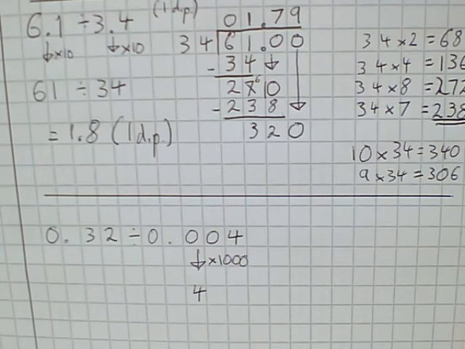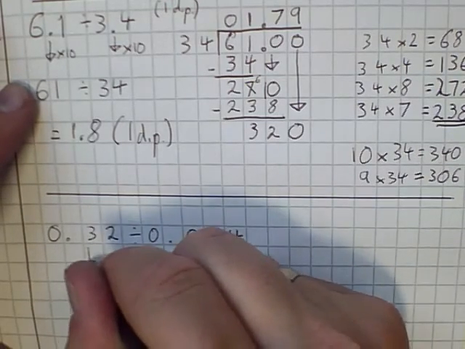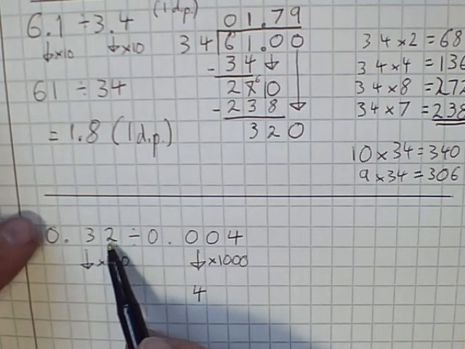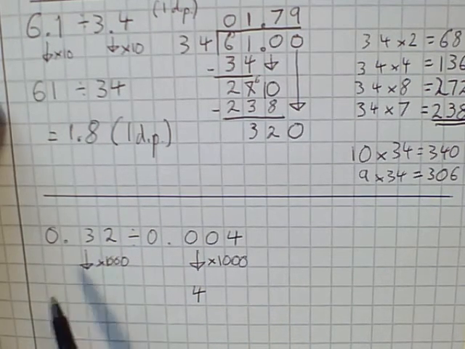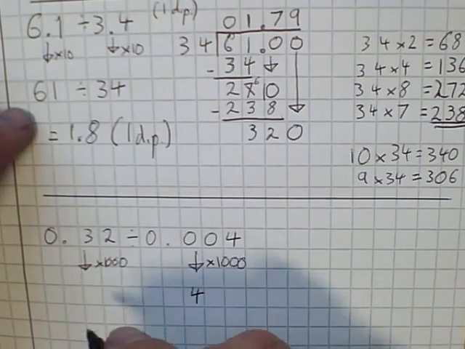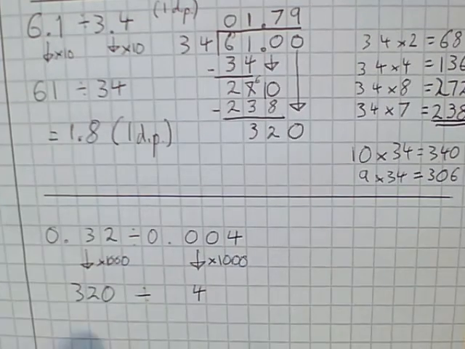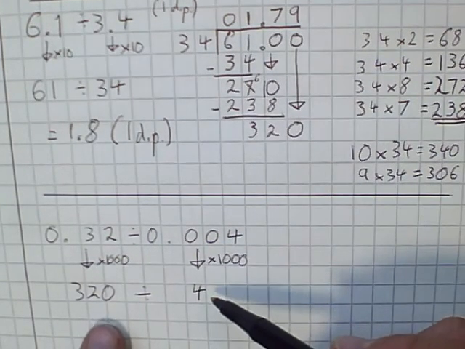Okay, but if I'm timesing that by 1,000, then this also has to be times by 1,000. So times by 10 would be 3.2, times by 100 would be 32, times by 1,000 would be 320. And actually, you probably don't need to go through this now, because there's a couple of ways you could do this.